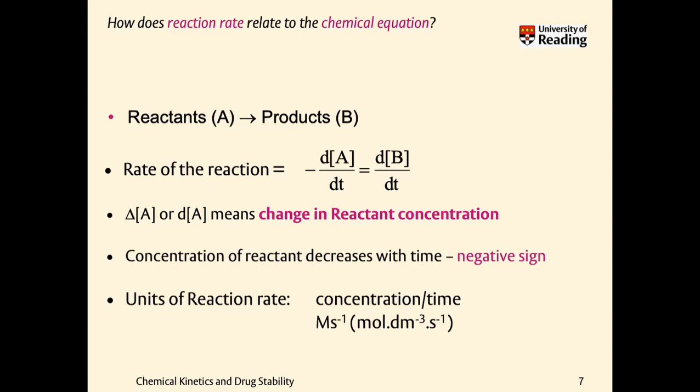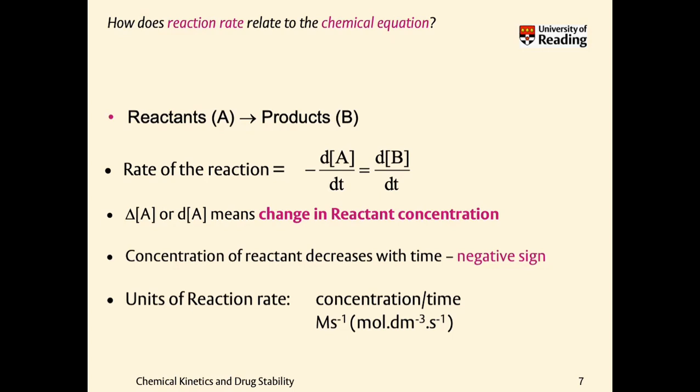Now the d means change, and we use d instead of delta here. It's the same as the triangle that we saw when we were looking at change in enthalpy. If you see a triangle, it means change in, and if you see a d, it also means change in. So this means change in concentration over change in time, so the rate of formation or consumption of reactants or products.